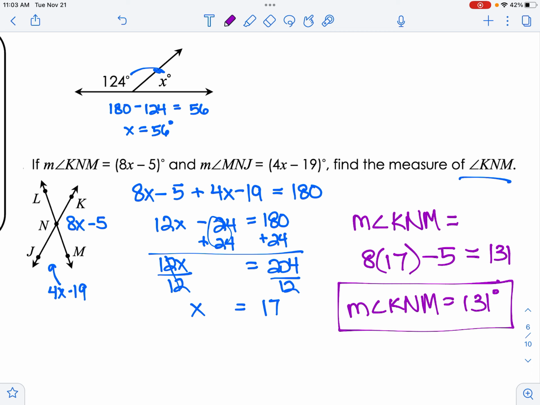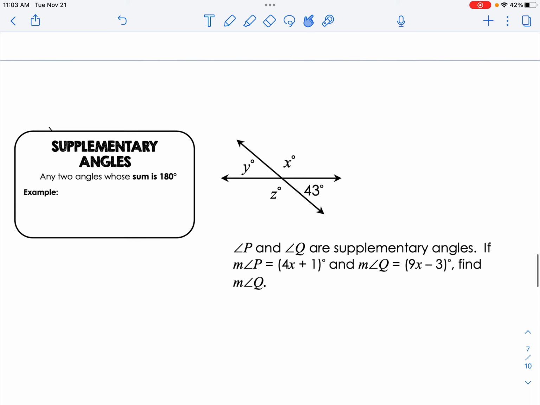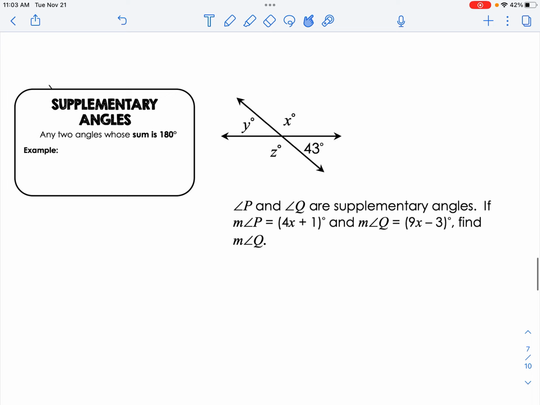Okay, there we go. So linear pair, two angles that add up to be 180 degrees. An important pair, again, in geometry. Now this you probably have heard of before, but supplementary means any two angles who add up to be 180 degrees.